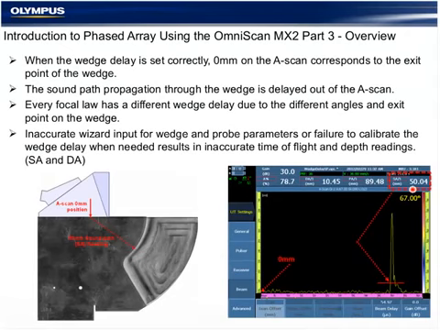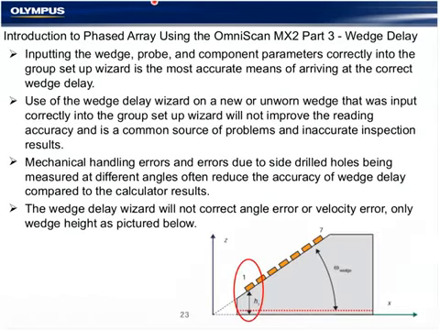Inputting the wedge, probe and component parameters correctly into the group wizard is the most accurate way of arriving at the correct wedge delay. Use of the wizard on a new or unworn wedge normally is done to correct a slight angle error by adjusting the depth of the calibration notch. Mechanical handling errors, and errors due to side drilled holes being measured at different angles, often reduce the accuracy of the wedge delay. And as we can see, the size of this side drilled hole will have an effect on the accuracy of the depth reading.